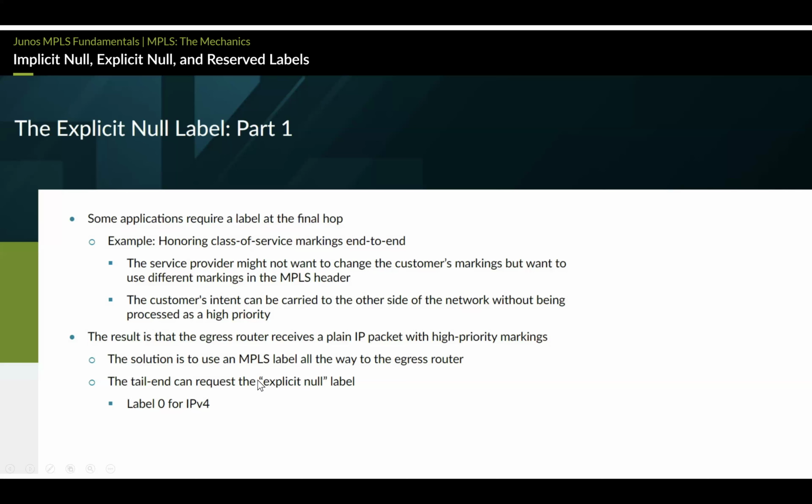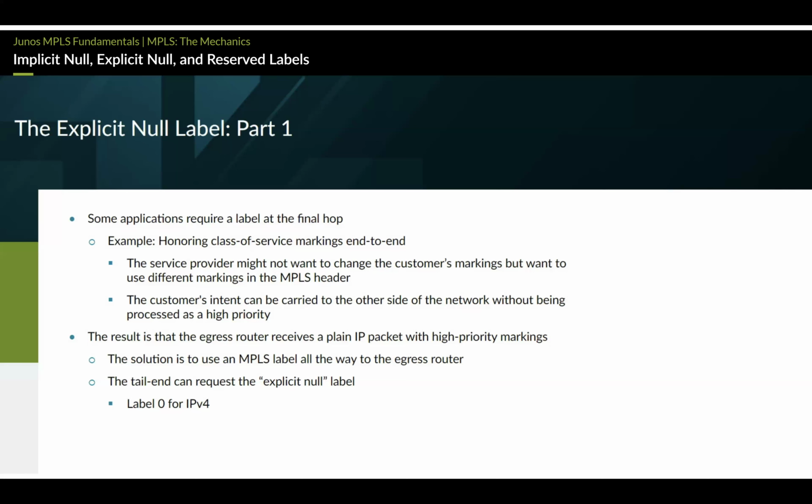The tail end can request an explicit null label, label 0 for IPv4. When we receive any label with value 0, that is called explicit null.